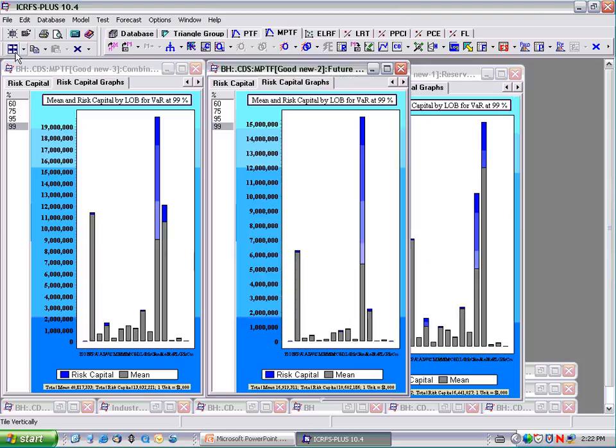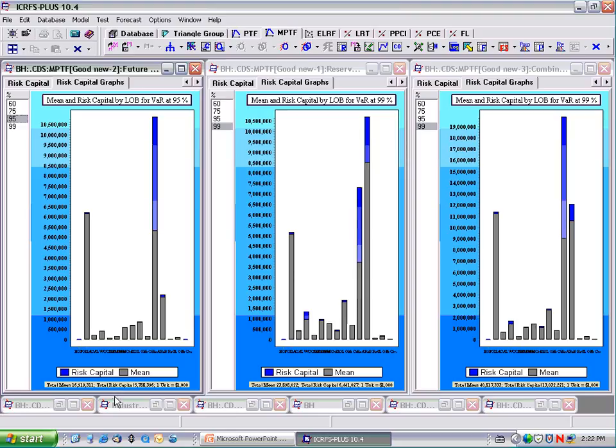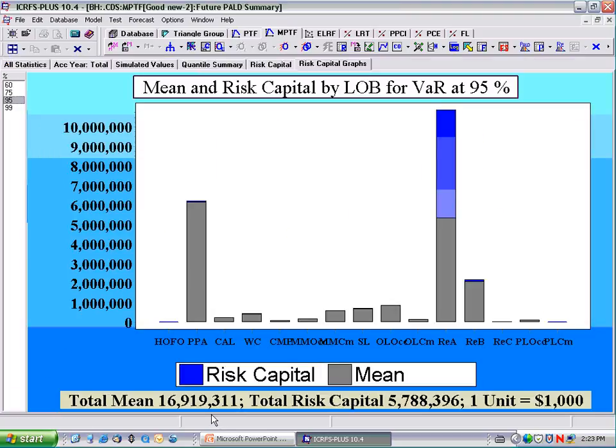Let me just hold them again. Let's look at it 95%. Okay. At 95% on the left, it might be hard for you to read. Let's make it big. 95% on the left. What is this? This is the next underwriting year.